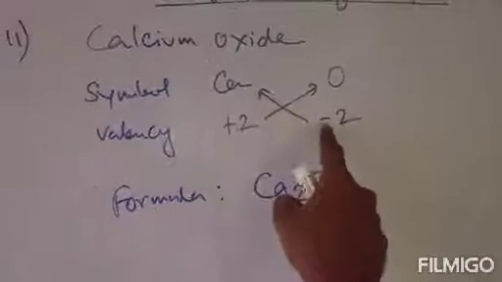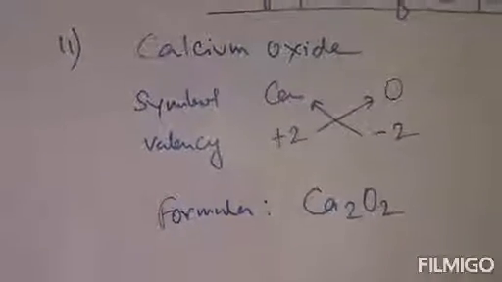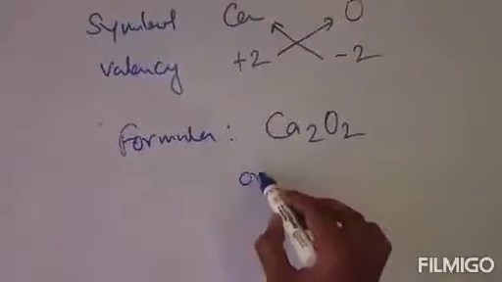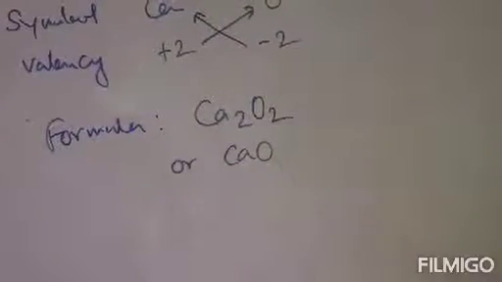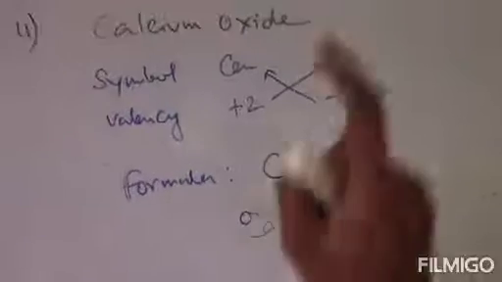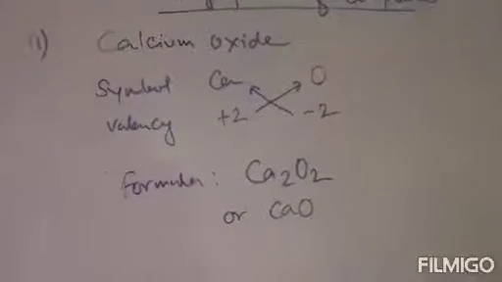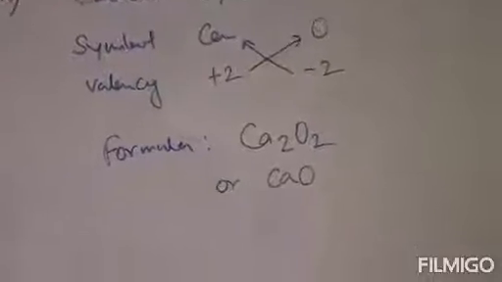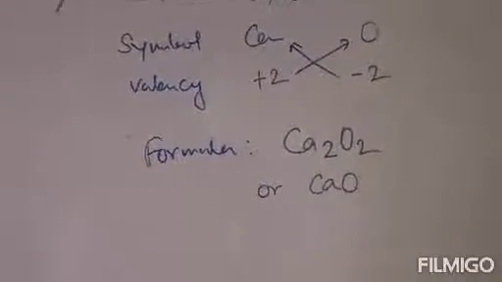That means 2 will reduce, and the formula will be CaO. This is the formula, CaO, not this. Always remember, we will write the formula in the simplest ratio. That means 2 will reduce. So the formula will be CaO. This is the formula of calcium oxide.